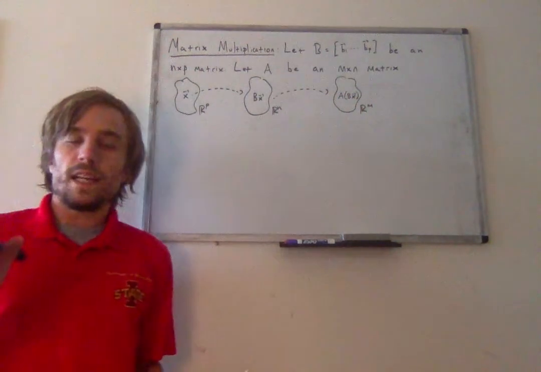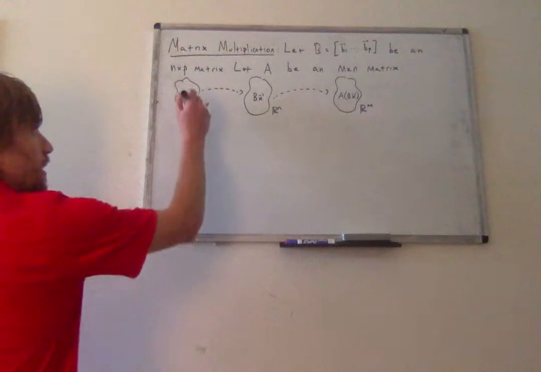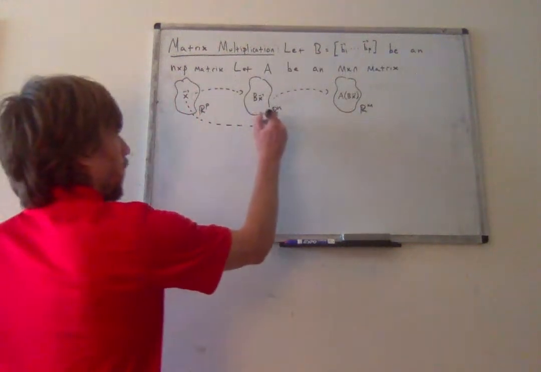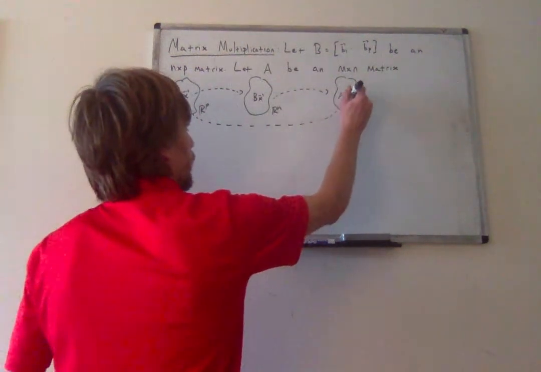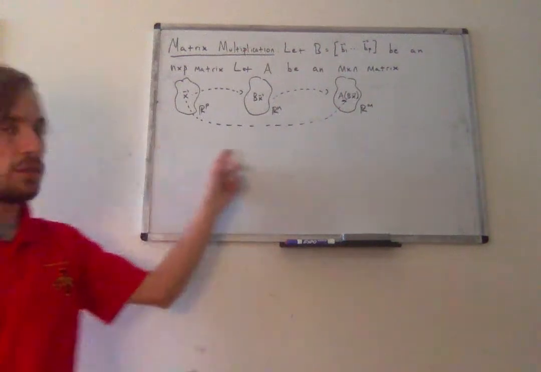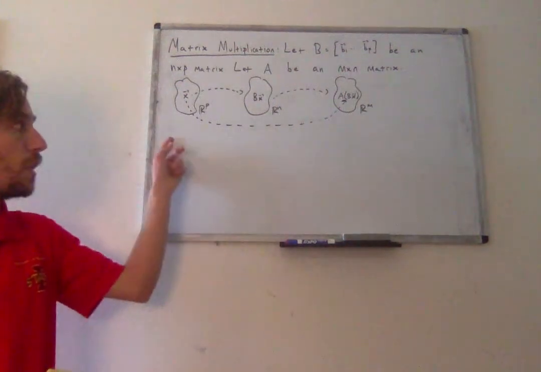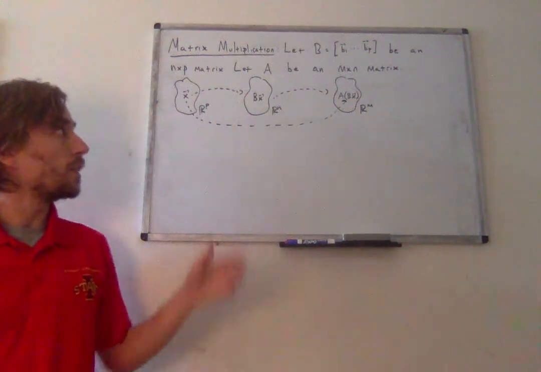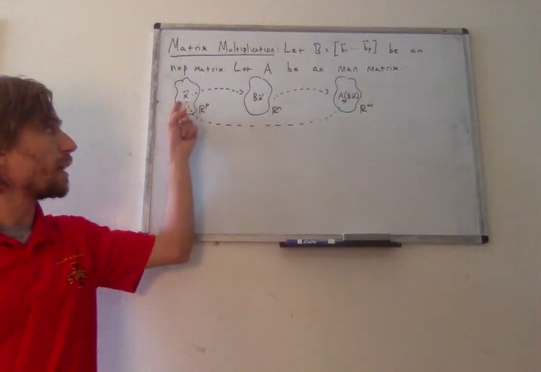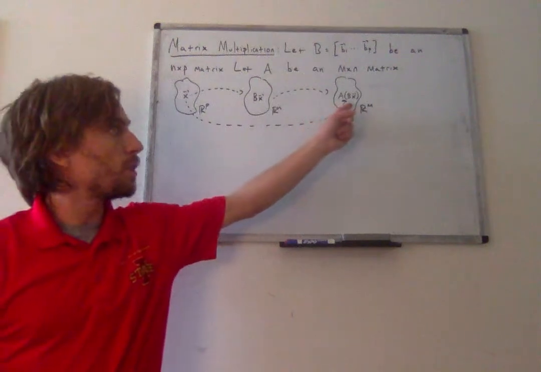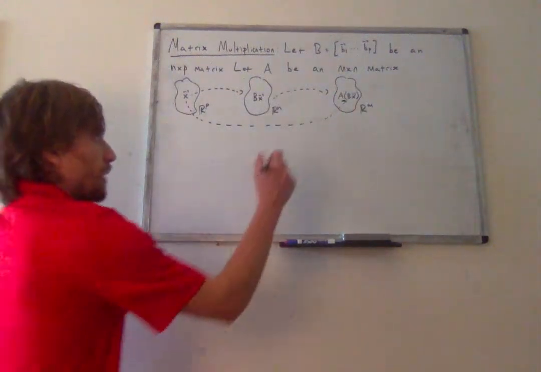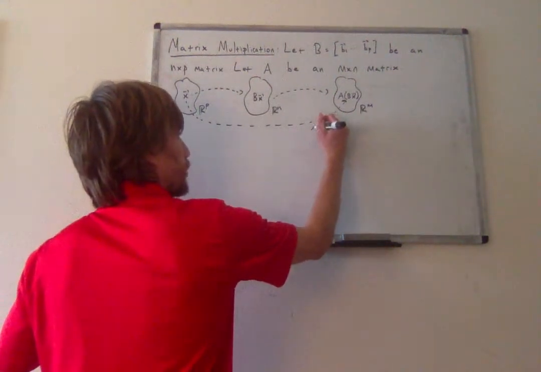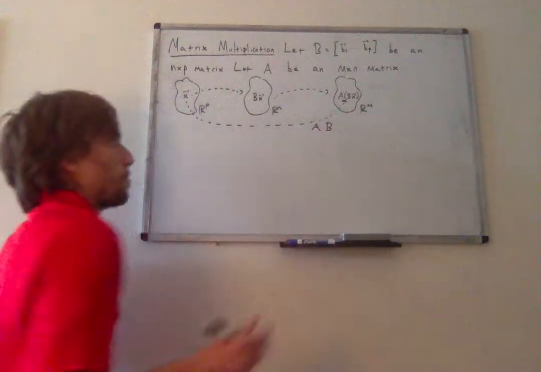But what if we wanted a single matrix which could just do this composition of maps in one single map? So I want one matrix that will send x in Rp to this vector in Rm, and it turns out this matrix is going to be the matrix A times B.